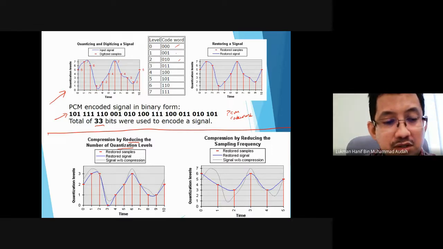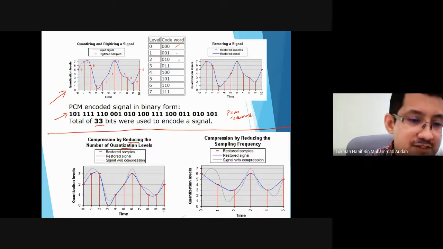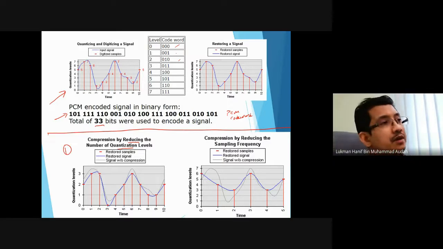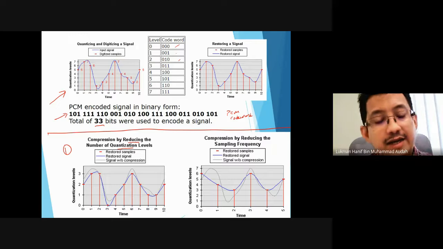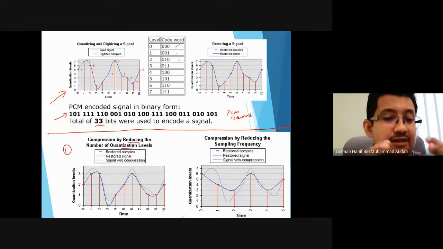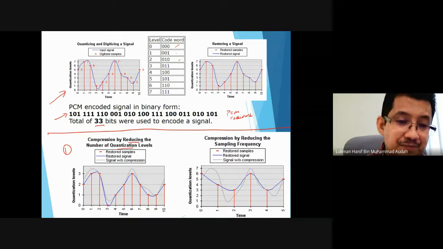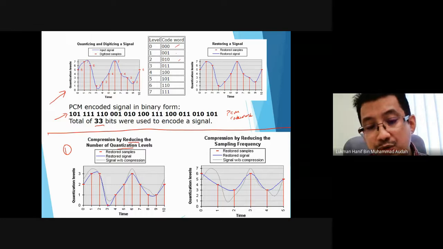Okay, boleh juga kita menggunakan kaedah compression seperti itu, the first one. So compression dalam real world scenario ada pelbagai kaedah. How can we compress the signal? There are a lot of methods. Ada banyak kaedah. Ini baru ditunjuk 2 kaedah saja contoh.